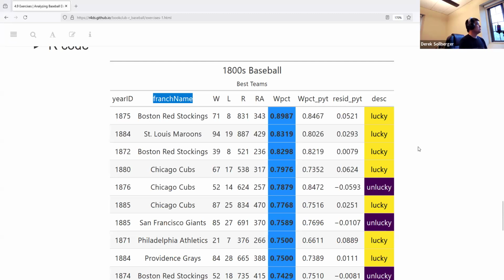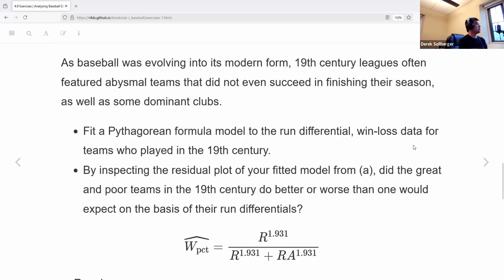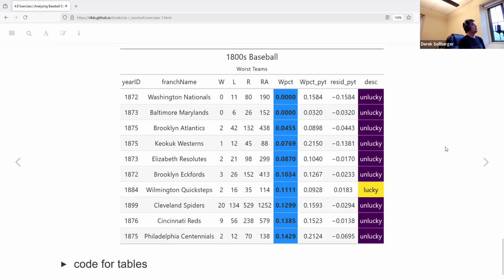And then finally, out of morbid curiosity, let's look at the worst teams from the 1800s. You'll notice that the Washington Nationals of 1872 and the Baltimore Marylands scored 0 runs. You might recall one of the formulas that we came across actually had a logarithm.